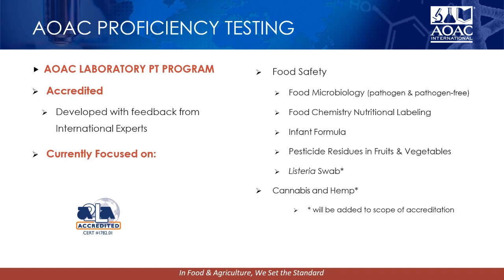We also have a pesticide residue in fruits and vegetables program. That's a great international program with a lot of laboratories. And we just more recently developed a Listeria swab program. This is a Listeria environmental swab, which laboratories are using for surfaces. And more recently, through the AOAC Cannabis Analytical Science Program, we have developed a program for cannabis and hemp.